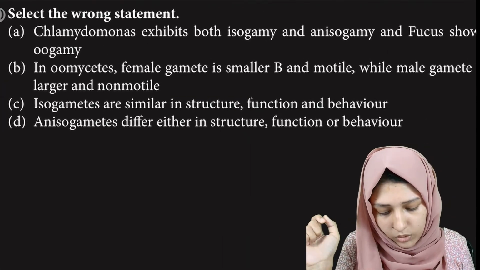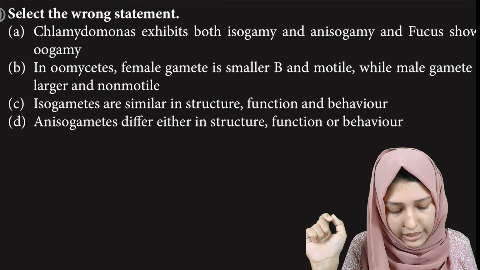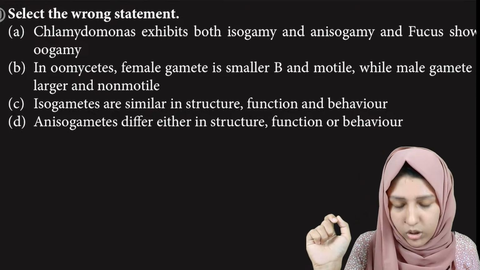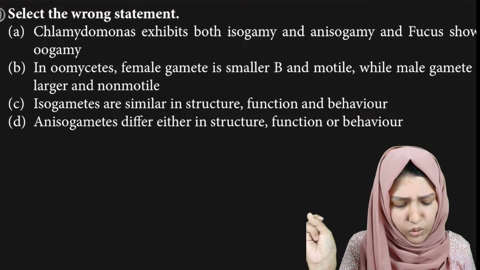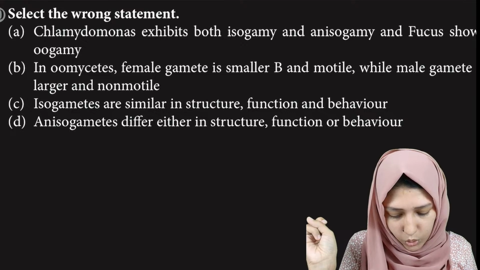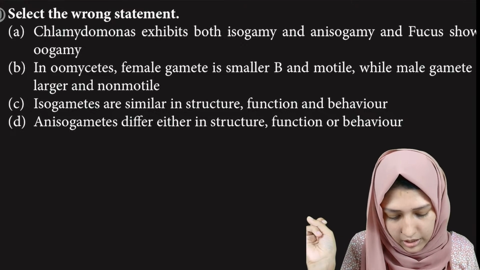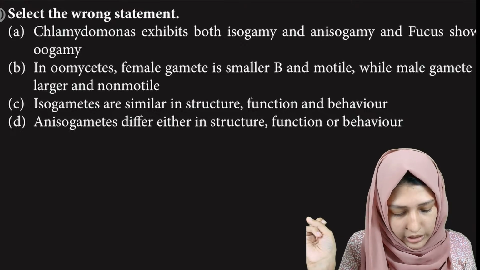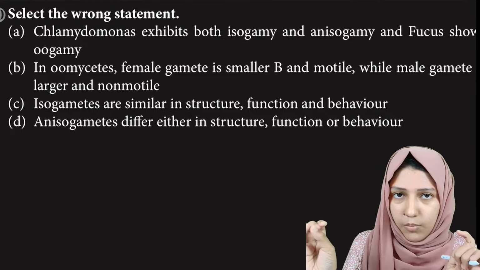Okay. Select the wrong statement. Chlamydomonas exhibits both isogamy and anisogamy and Fucus shows oogamy. Fucus shows oogamy, that is right. In oogamy, the female gamete is smaller and motile while the male gamete is larger and non-motile.